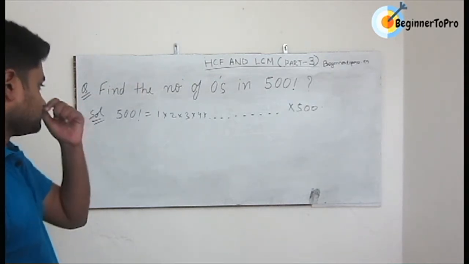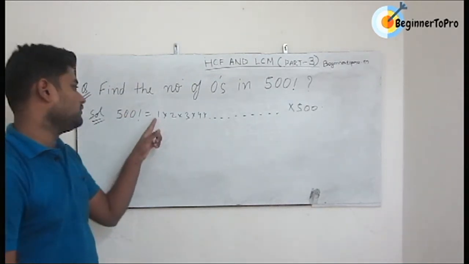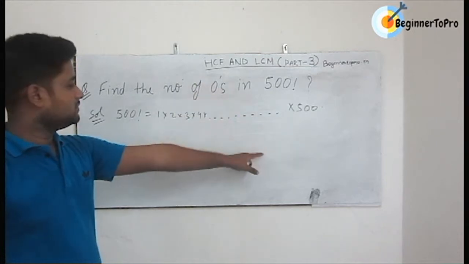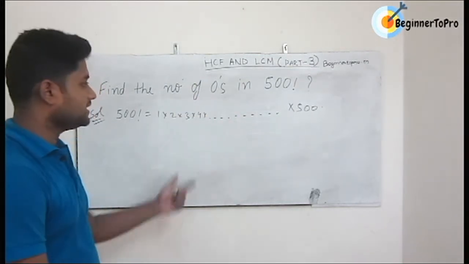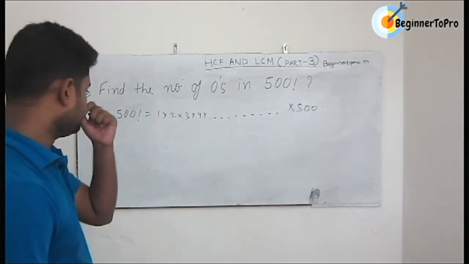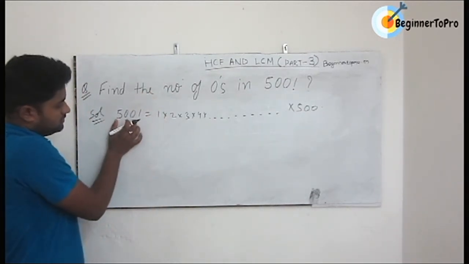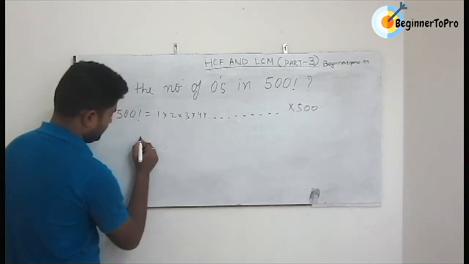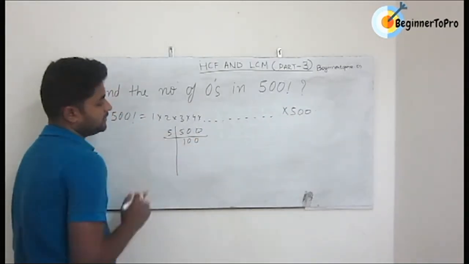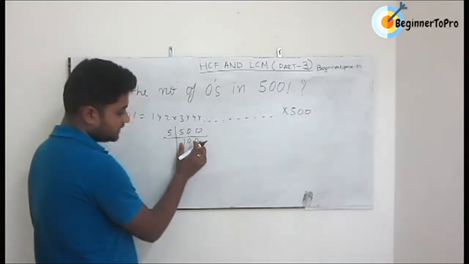It is not possible to find the HCF or LCM of each number and then find the zeros. So the simplest way is to divide the number by 5. 500 divided by 5, we will get 100.